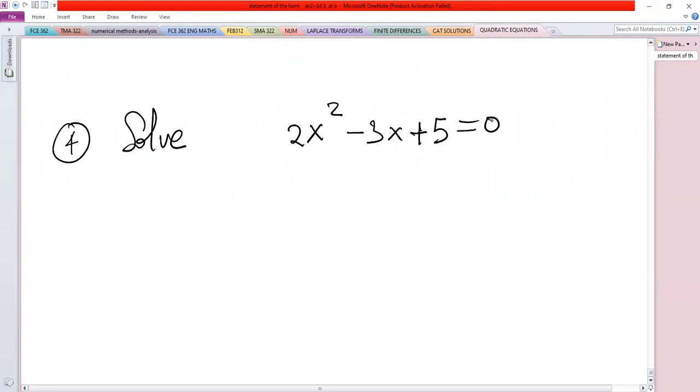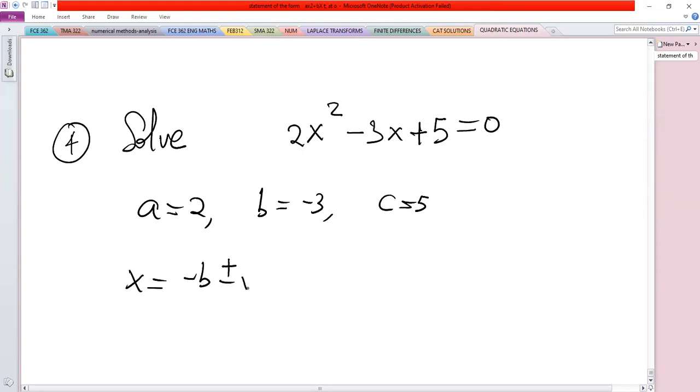So what we do in this case: identify a is 2, b is minus 3, c is 5, and so x is minus b plus or minus square root of b squared minus 4ac, divided by 2a.